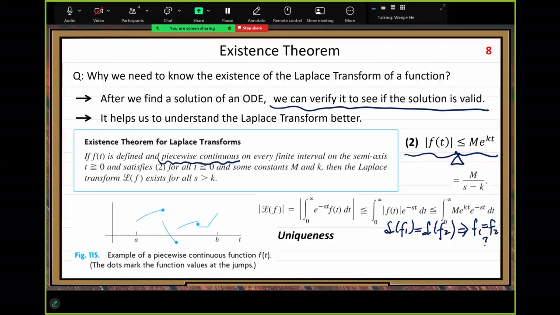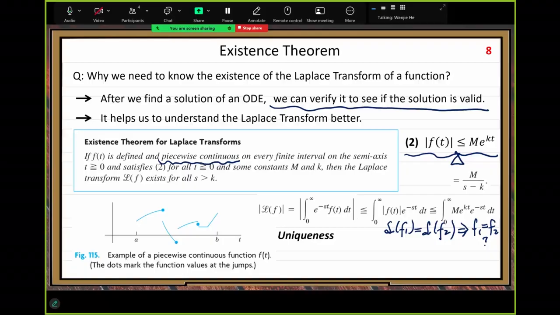That's the uniqueness. If their Laplace transforms are the same, this fact implies these two functions must be the same. Then we say the Laplace transform has this uniqueness property.